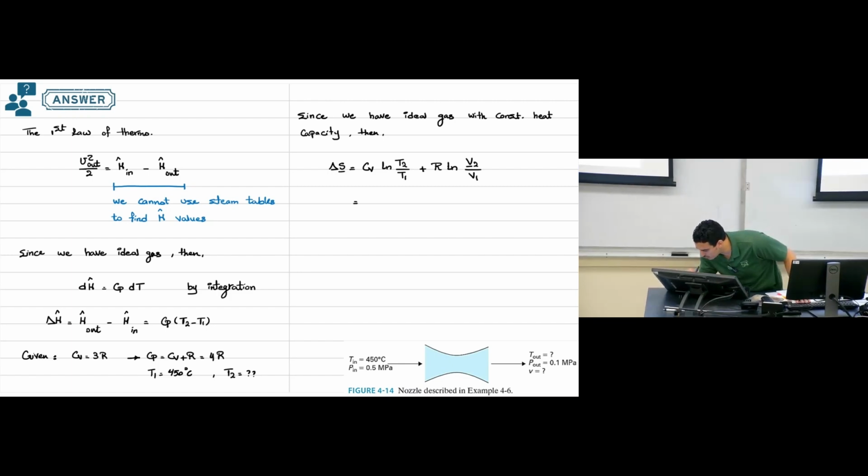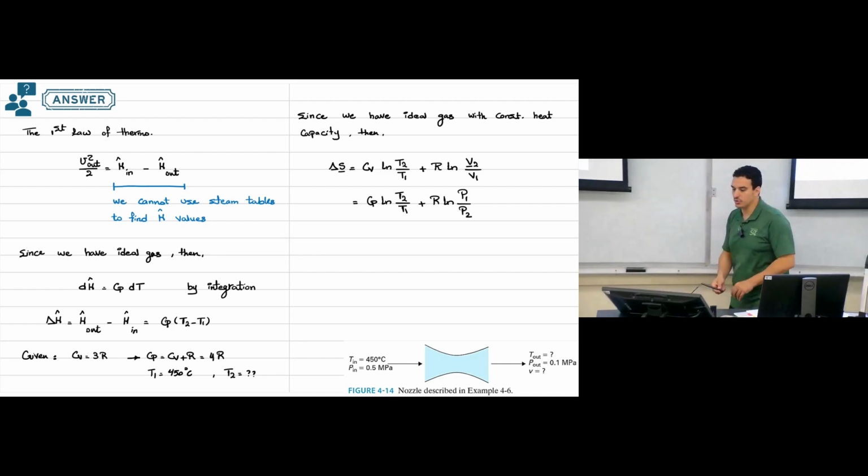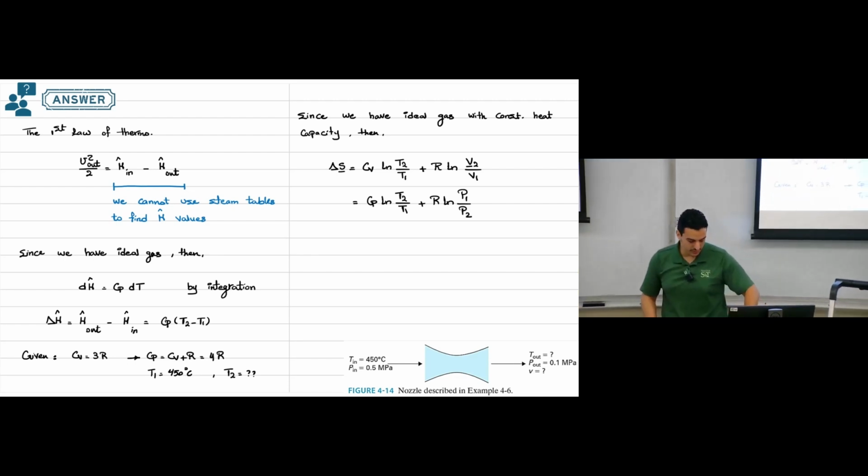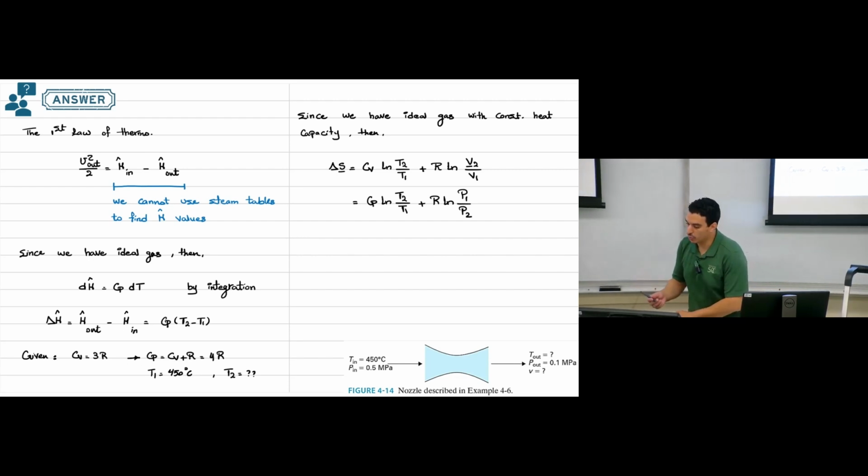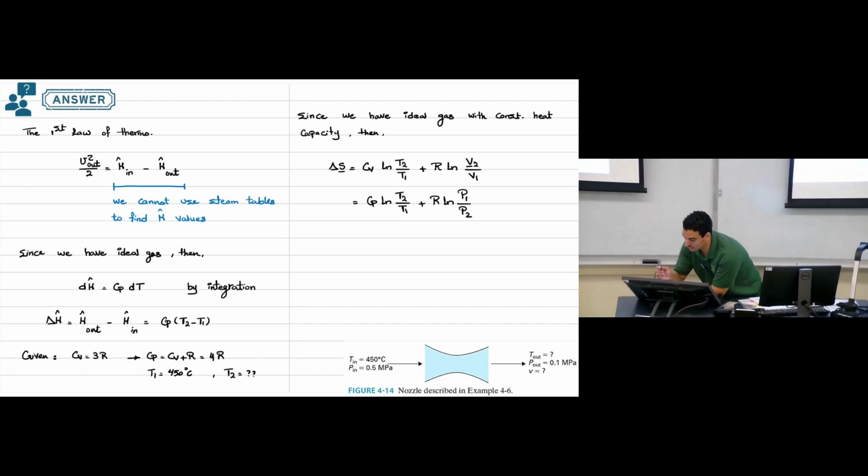Or we have this one: Cp ln(T2 over T1) plus R ln(P1 over P2). So these are the two equations for the entropy change that we can use. So again, for any of these equations, you can solve it.